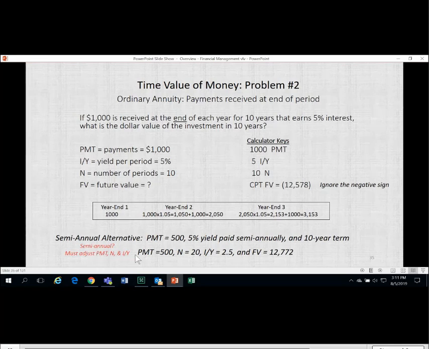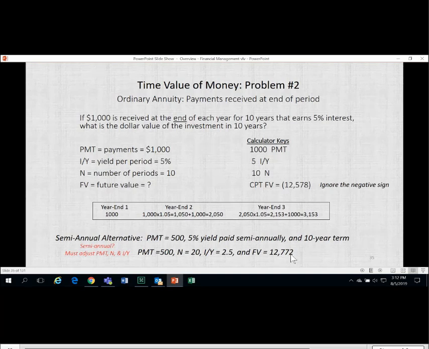The payment is $500 every 6 months. N, well, we've got 2 payments per year for 10 years, so N is 20. And IY, again, if it's 5% yield, we're going to earn 2.5% each period. And we calculate then the future value.